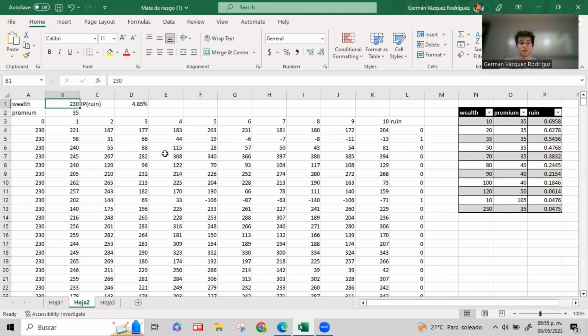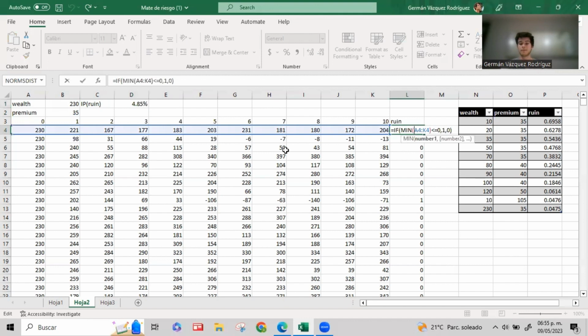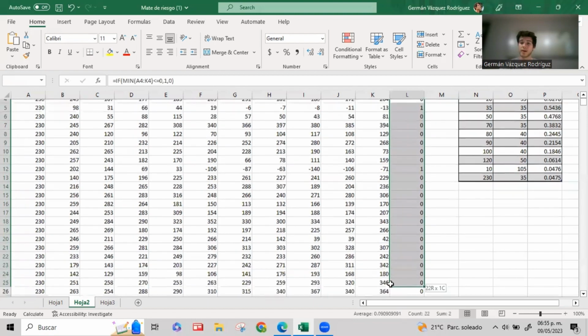For this, we charge a premium of 35 for the risk. As we already said on previous slides, it is the minimum or bare premium that we need to have a better opportunity to not go to ruin. And the probability of ruin we will get by the average of all these iterations that we make.